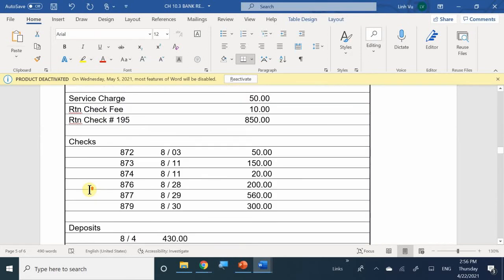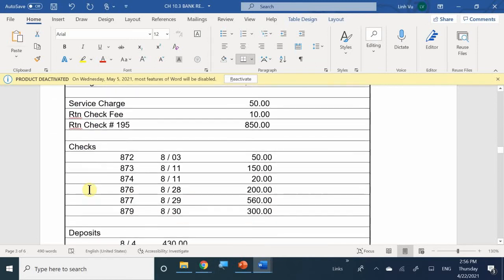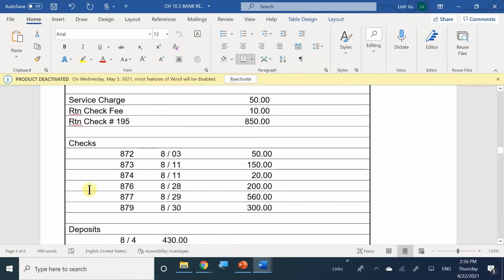Let's take a look at our bank statement. Which check cleared? Well, 846 didn't look like it cleared. Perfect. So our check 846 still hasn't cleared yet. Maybe the person is just holding onto it for some reason.